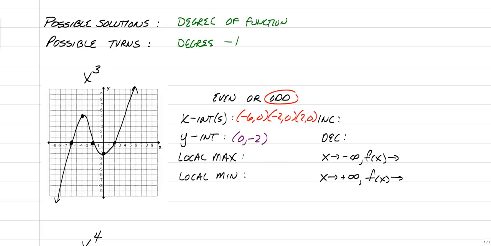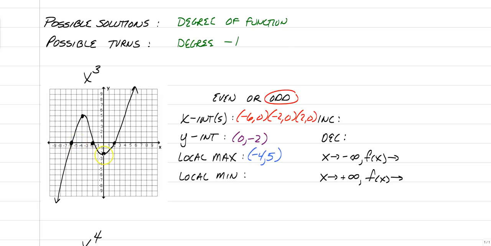But now we're going to talk about some local maxes and local mins. That is your turning points. Now, obviously, this one goes down forever and ever, and this side goes up forever and ever. So you don't really have a max or a min, but just in this region, (-4, 5) is one of your turning points, and it's considered a local maximum because it's at the top of this region.